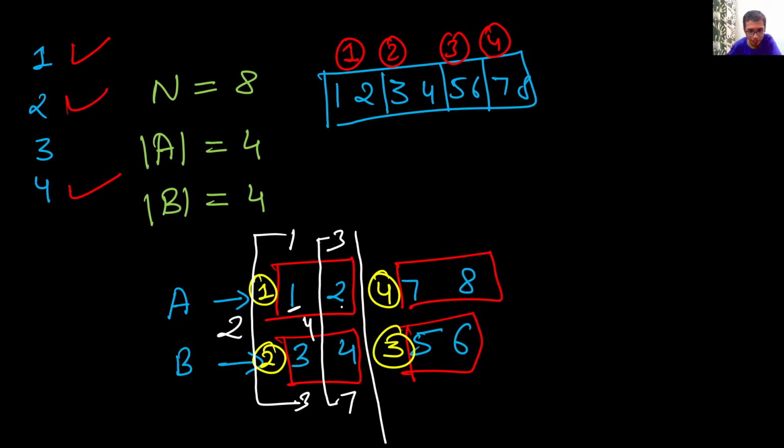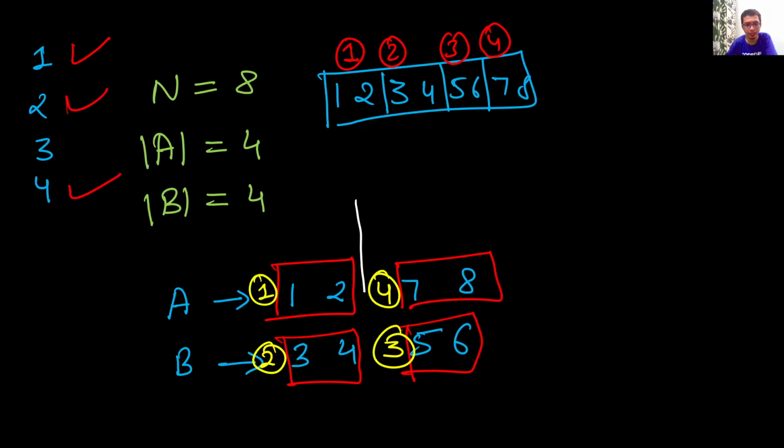And even if we have more elements in this first group and second group, the difference would keep on increasing, right? So till the first half, this difference would keep on increasing because group 1 has smaller elements as compared to group 2.